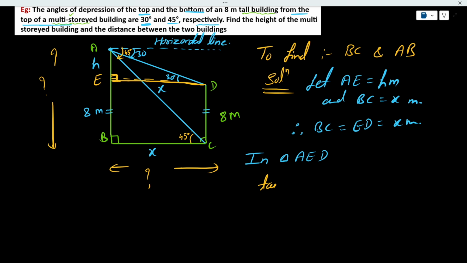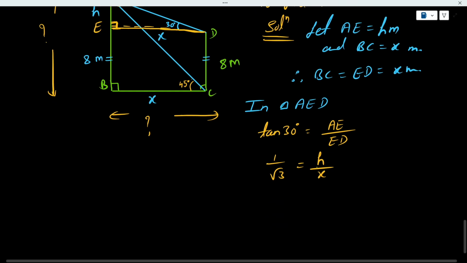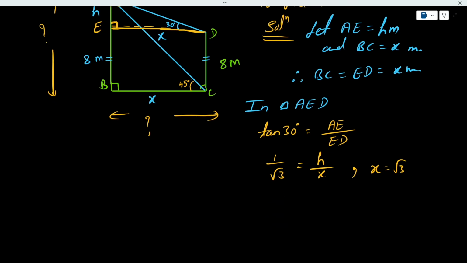So it will be tan 30 degree equals opposite AE by adjacent ED. Tan 30 is 1 by root 3. AE we have taken as H by X. So what is going to be your first equation? Here X is going to be root 3 H, because you will get two equations because there are two variables.